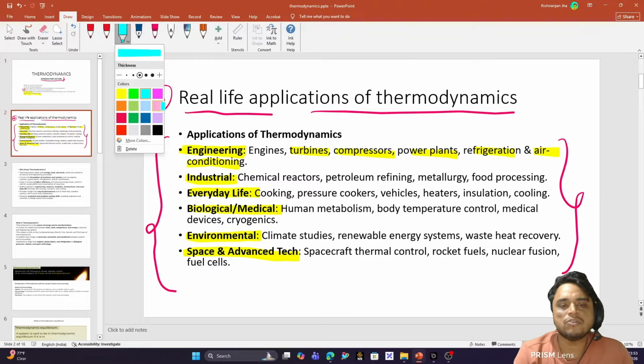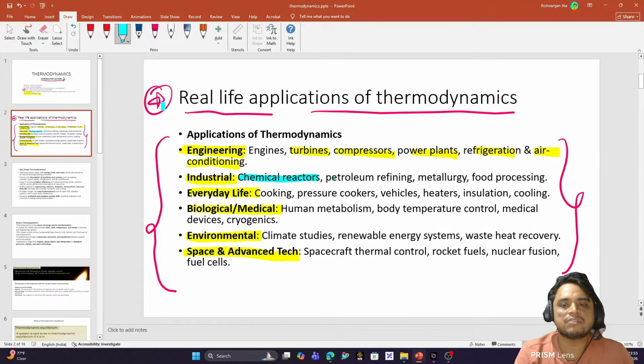At the industrial level, all the chemical reactors, all the petroleum refining setups, all the metallurgy and food processing setups are based on the laws of thermodynamics.